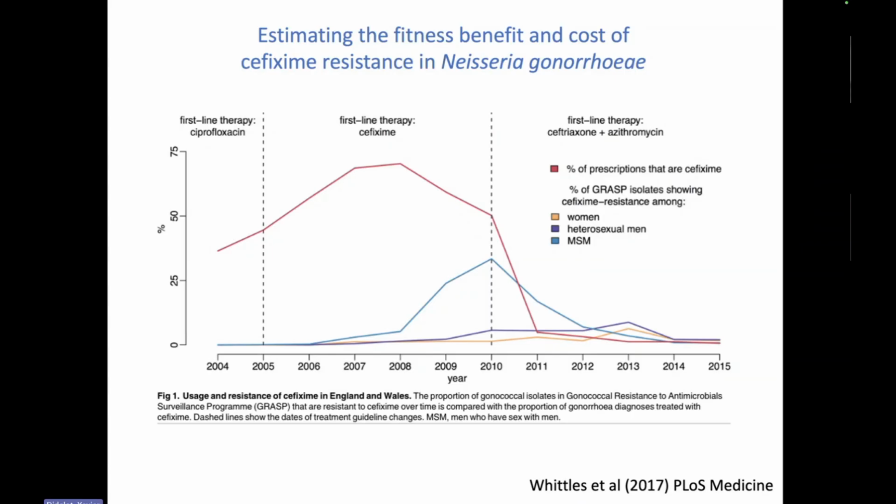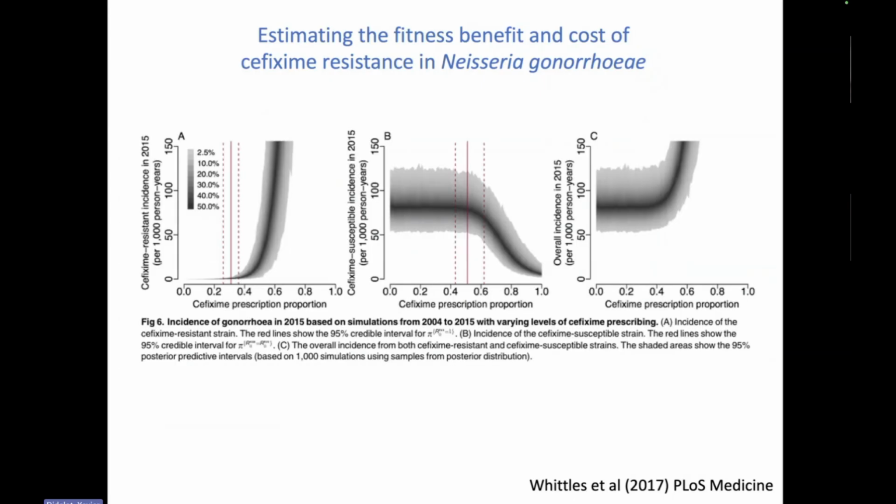But what we don't want to do is go back to 2005 and recreate a situation where cefixime resistance is going to arise again. So we estimated based on our parameter values what percentage of individuals we could prescribe cefixime to in a way that resistance is not going to arise again.